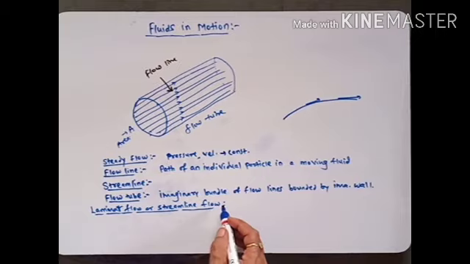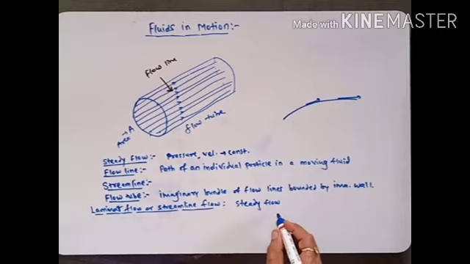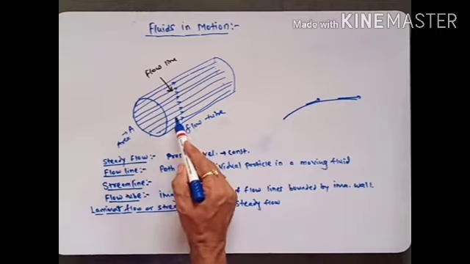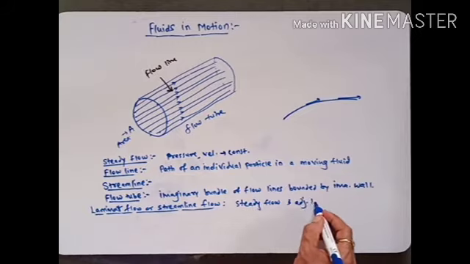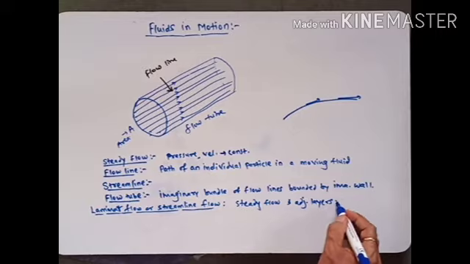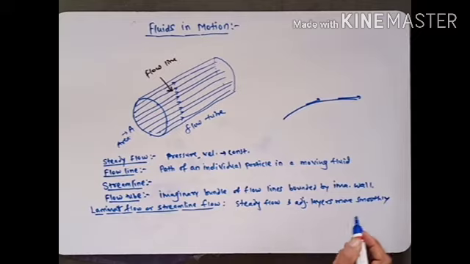It is a steady flow in which adjacent layers of a fluid move smoothly over each other. This is the laminar or streamline flow.